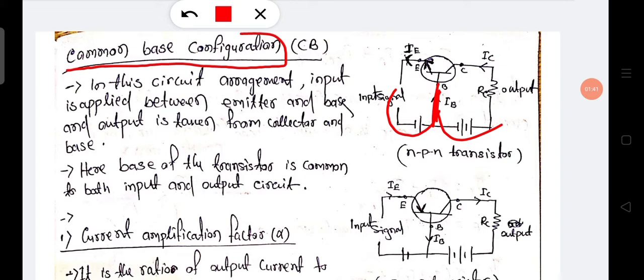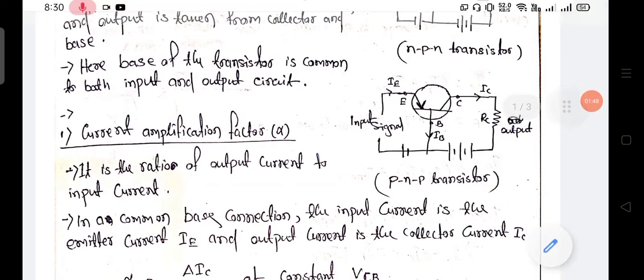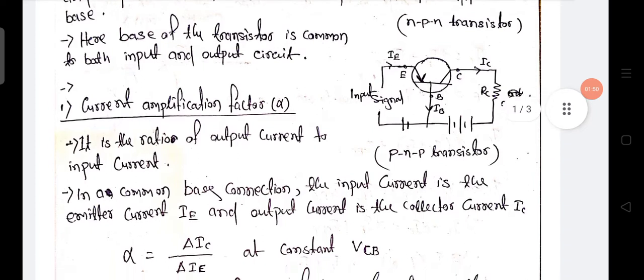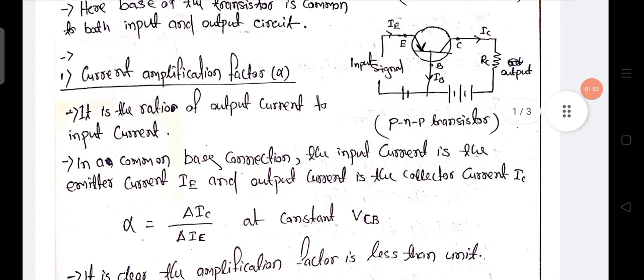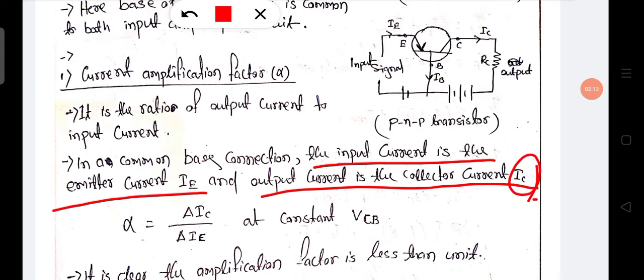Now let's see what the current amplification factor is. The current amplification factor is the ratio of output current and input current. Here the output current is IC, the collector current, and the input current is IE, the emitter current.